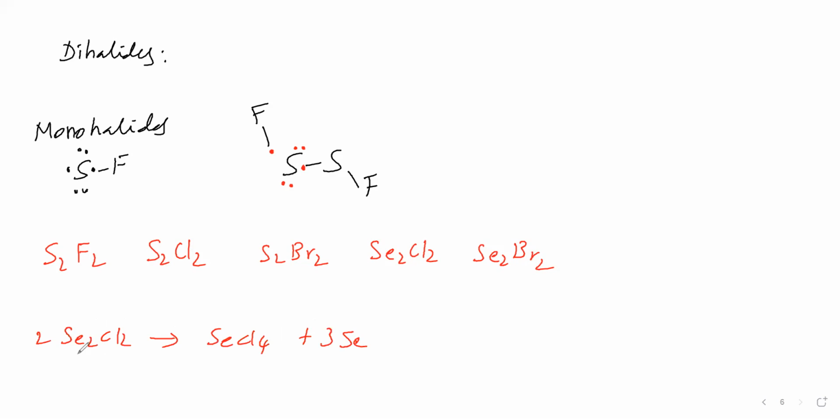So this monohalide Se2Cl2 undergoes disproportionation to give +1, +4, 0. It gives selenium tetrachloride and selenium. This is about dimeric halides, which undergo disproportionation.